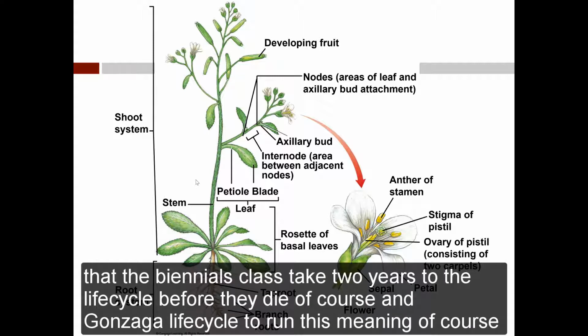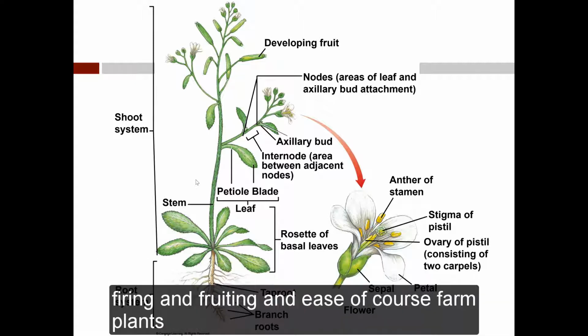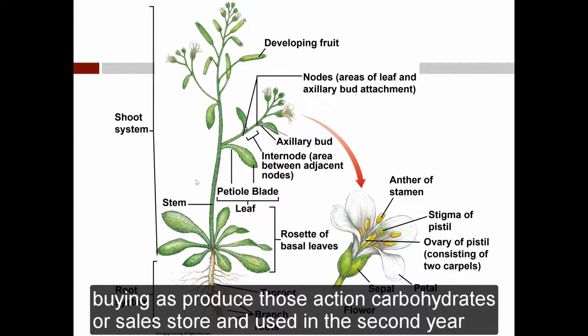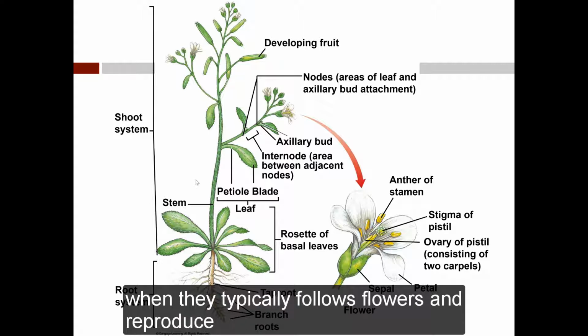The biennials, class, take 2 years to complete their life cycle before they die, of course. And I'm saying life cycle here, I'm just meaning flowering and fruiting in these flowering plants. During the first season, biennials produce extra carbohydrates, which they store and use during the second year, when they typically form flowers and reproduce.